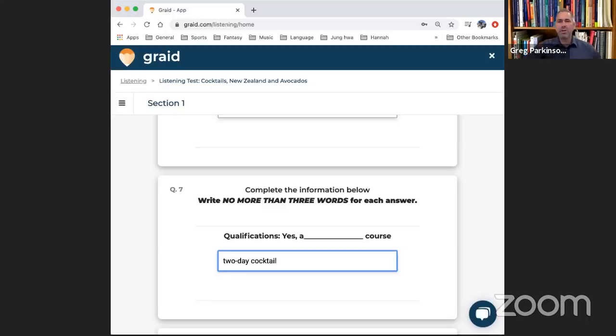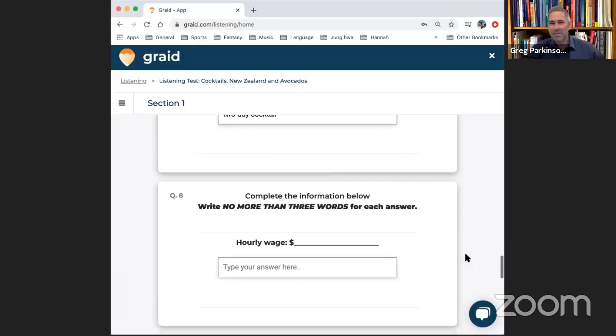So we heard the word course, but it wasn't actually Danny answering either. It was the female speaker making an observation from his CV. So she observed from his CV that he has completed a 2-day cocktail course. For any viewers who are not sure what a cocktail is, it's an alcoholic drink which is mixed and served in bars. Now, the hourly wage.